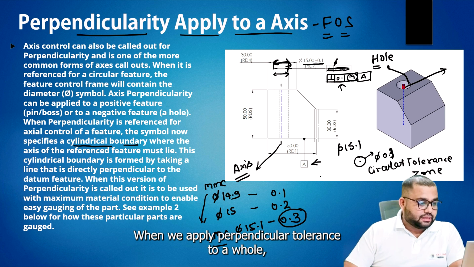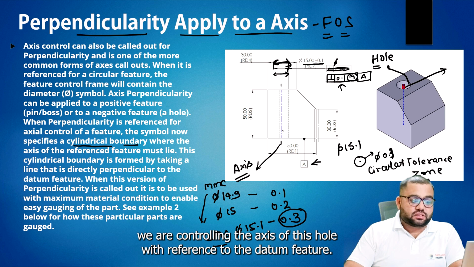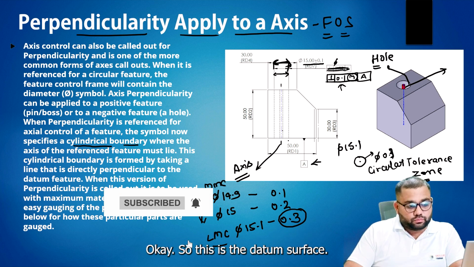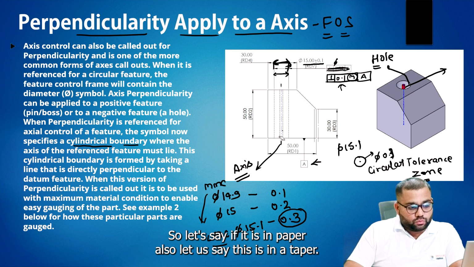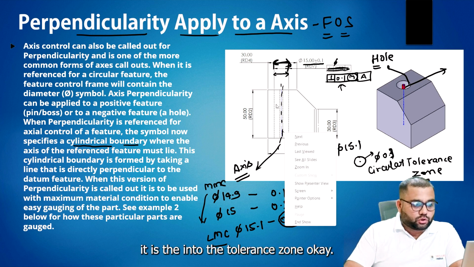When we apply perpendicularity tolerance to a hole, we are controlling the axis of this hole with reference to the datum feature. This is the datum surface and this is the axis. Let's say it is in a taper, so the axis is tapered, but it is within the tolerance zone.